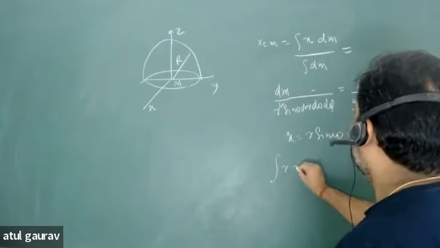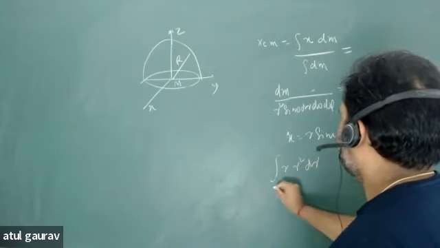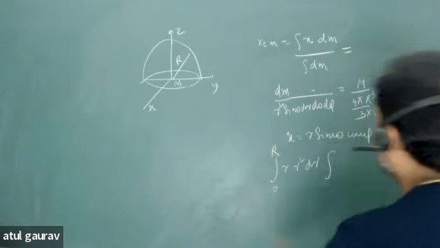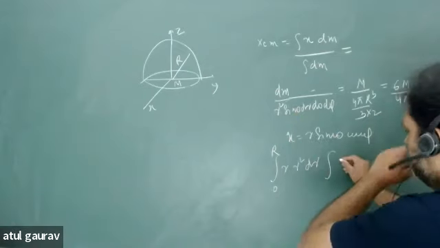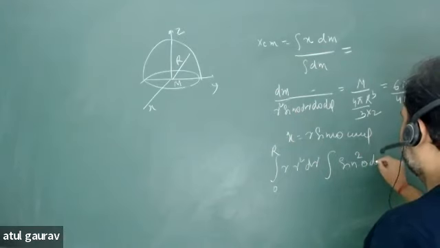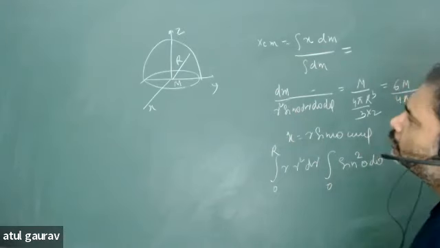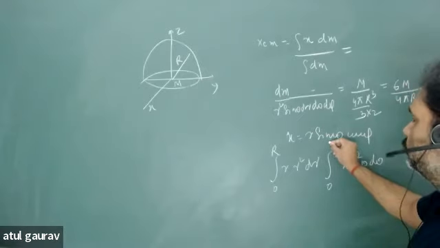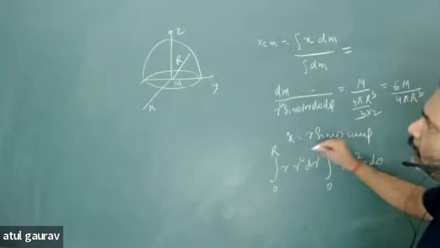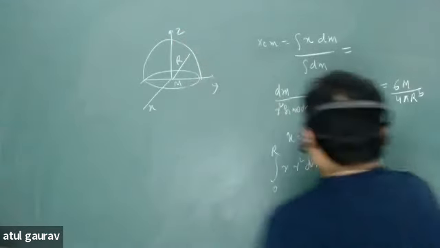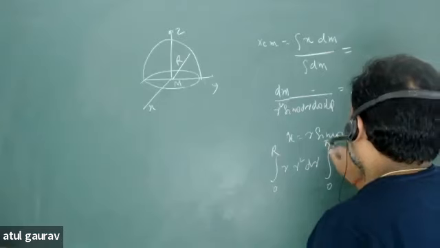That is r square dr, 0 to capital R. And here you have sin theta, sin theta, so you have sin square theta d theta, 0 to what? What is the value of theta? 0 to pi by 2. Theta is just 0 to pi by 2, isn't it? Yes, sir. So this value is equal to pi by 2.